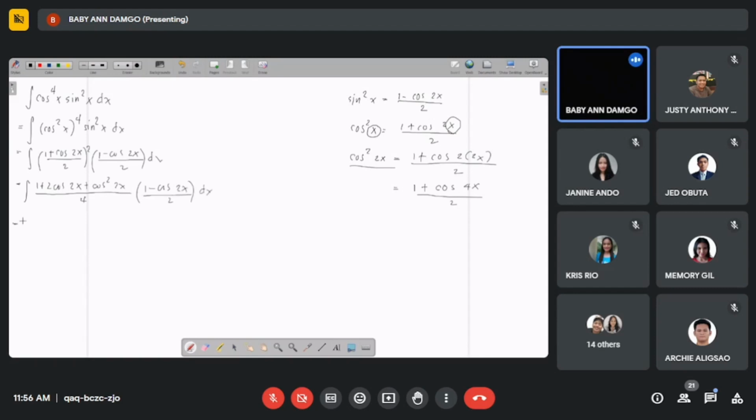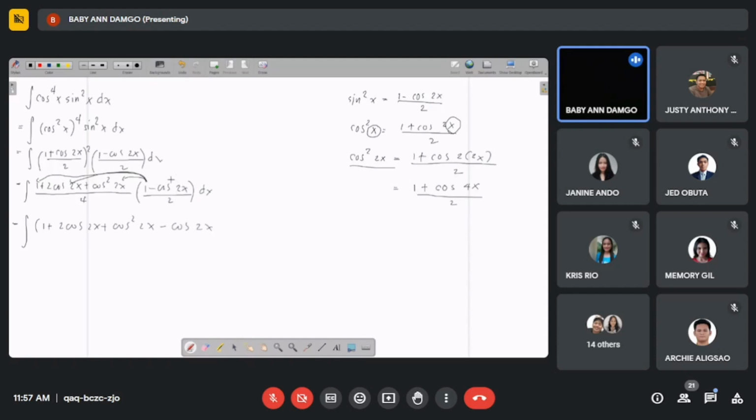Okay, so simplify. We distribute. We have here 1 plus 2 cosine 2x plus cosine squared 2x. Then we multiply by the next term, cosine 2x, so we have minus cosine 2x.